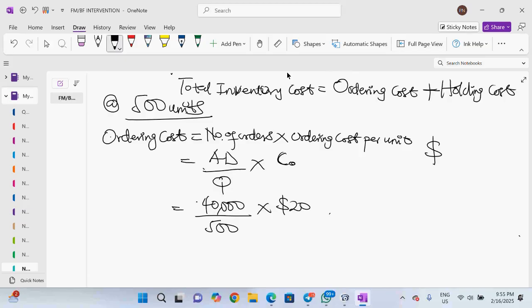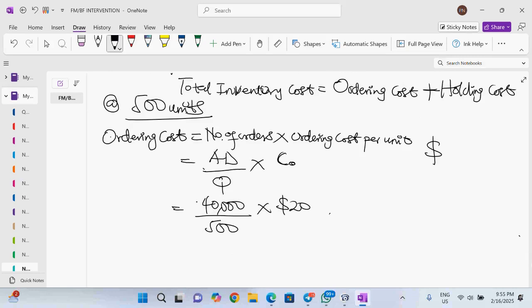So what is the ordering cost? Ordering cost is the number of orders times the ordering cost per order. The number of orders is the annual demand over the EOQ. Here we are not using the EOQ, economic order quantity, because they've given us the quantity already.